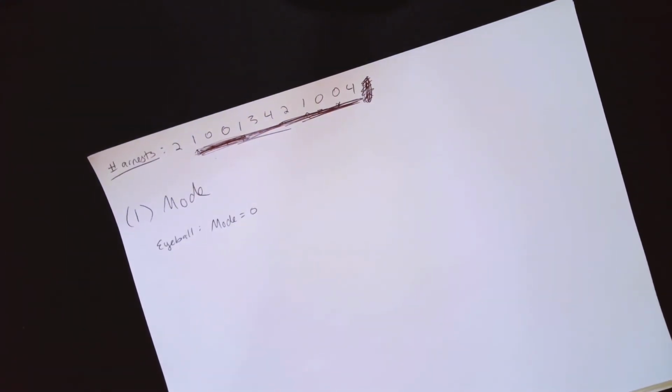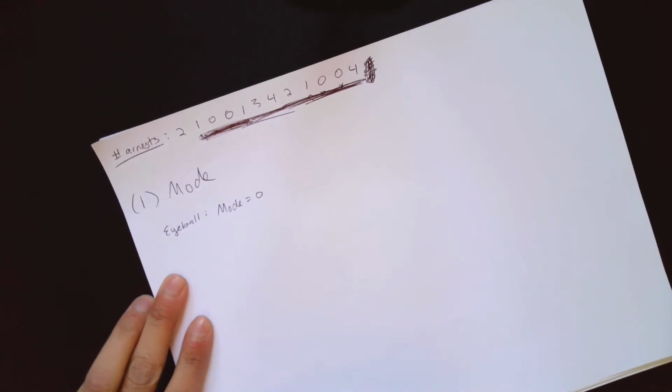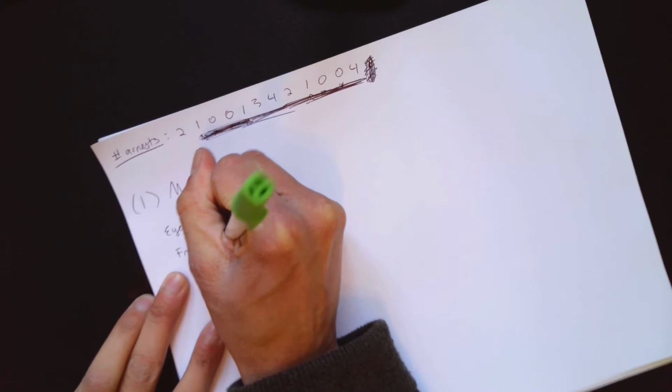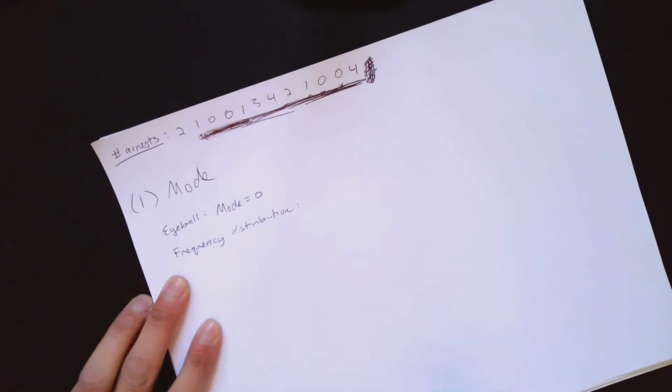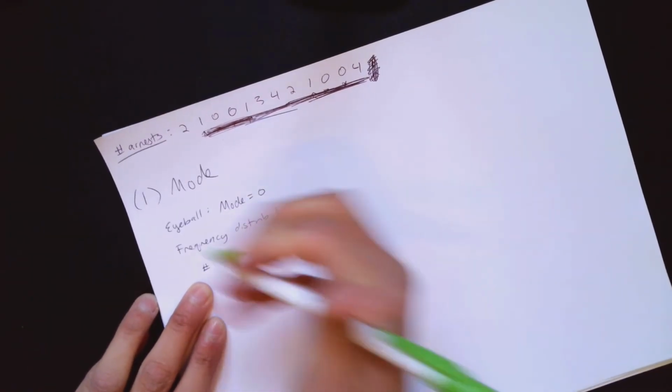Okay, so with our original set of data, we have our 12 people, and we have determined that the mode is 0, because we eyeballed it and we saw that 0 appears 4 times, which is more times than any other observation. The other way to find the mode is using a frequency distribution. So in order to demonstrate this, I'm going to write out the frequency distribution that we have for this data.